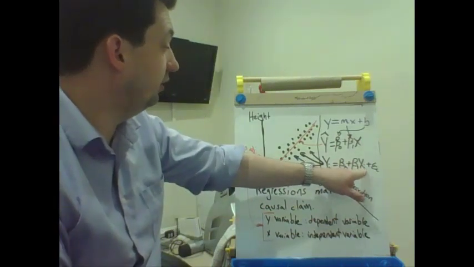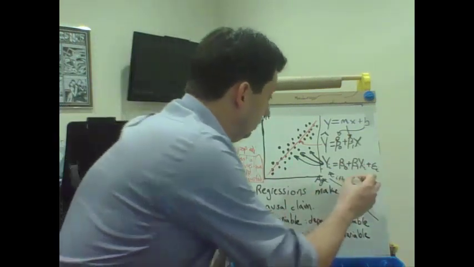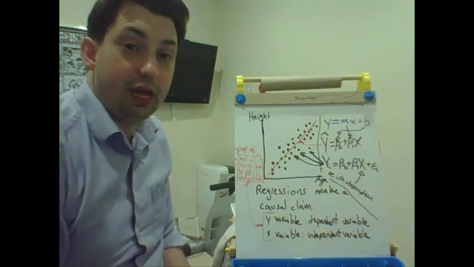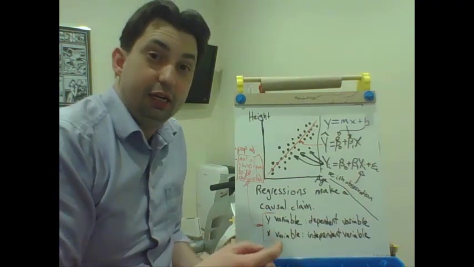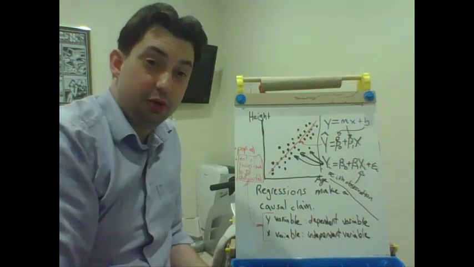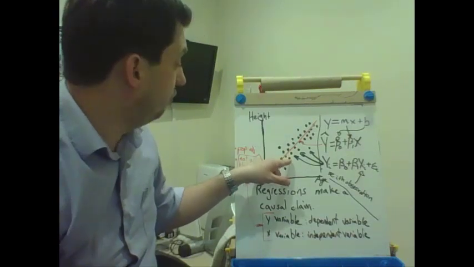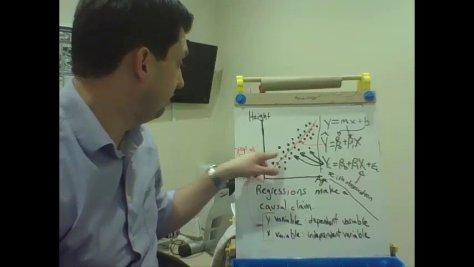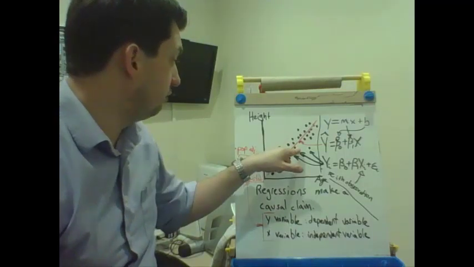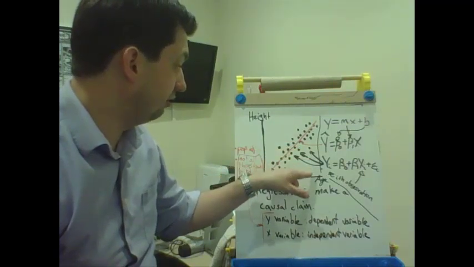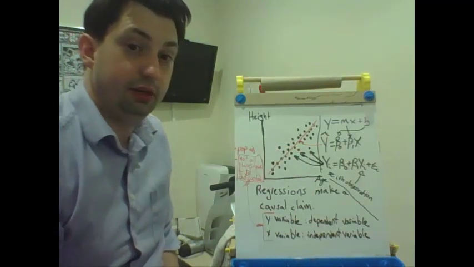We also have an i there just to indicate that one particular x value is matched with one particular y value. One particular first individual has a particular age and a particular height. The second individual has a particular age and a particular height. The third individual has a particular age and a particular height.